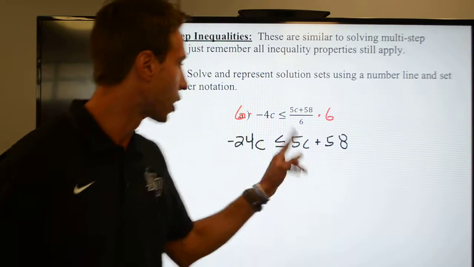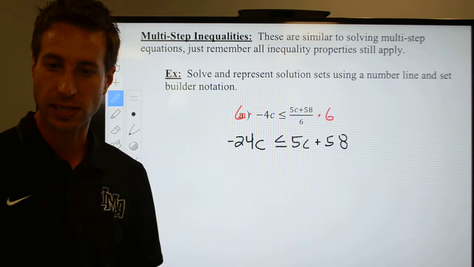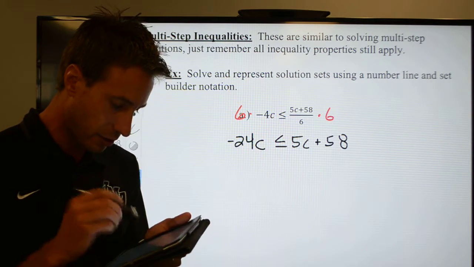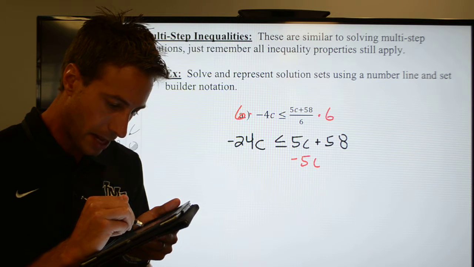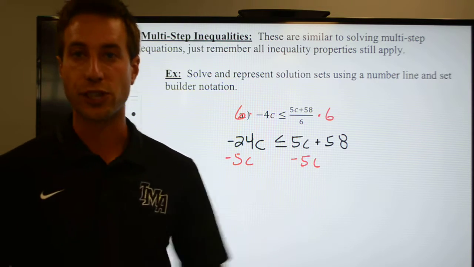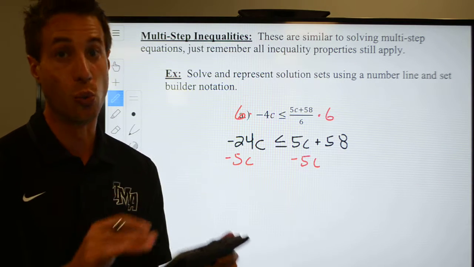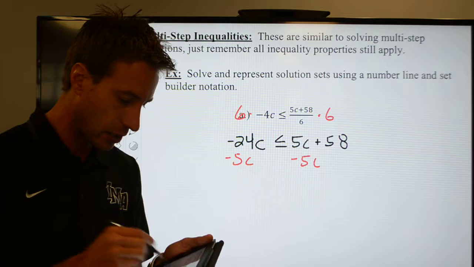Well, now I'm all set to go ahead and group my stuff on the same side, get my like terms on the same side of the inequality. I'm going to go ahead and subtract the 5c to the other side. Minus 5c, minus 5c. In this case, I'm doing subtraction. Subtraction, you can subtract anything you want to from both sides, will not flip the inequality. So we're good. We can do that all day long.